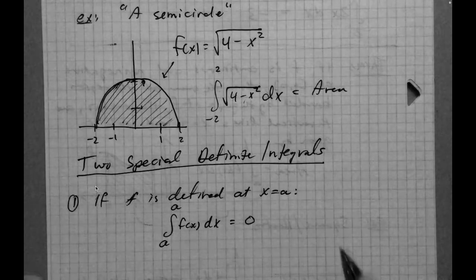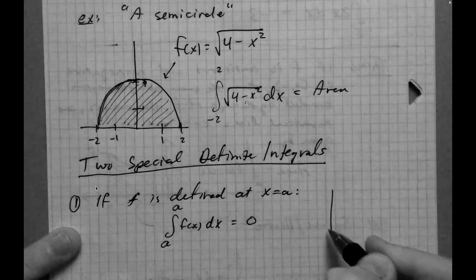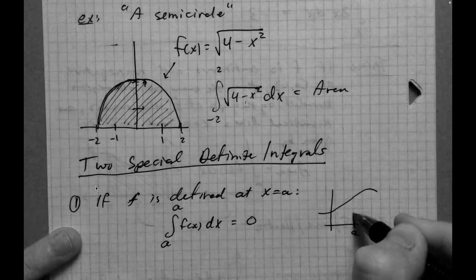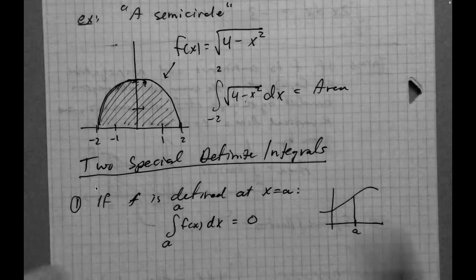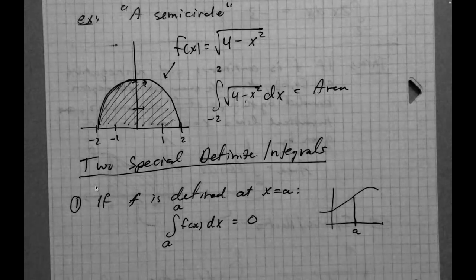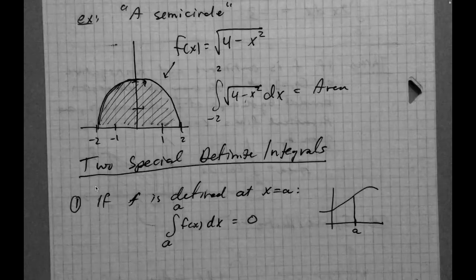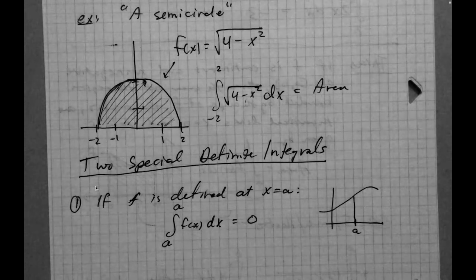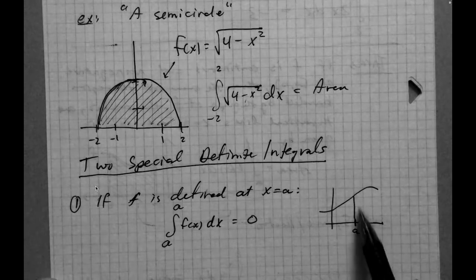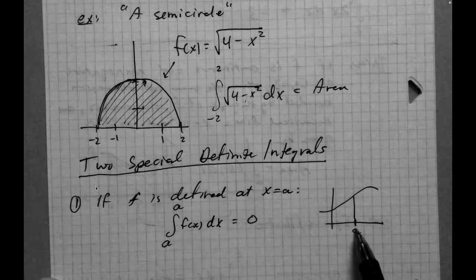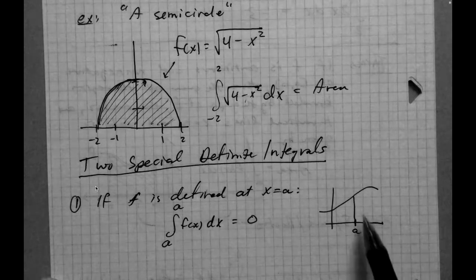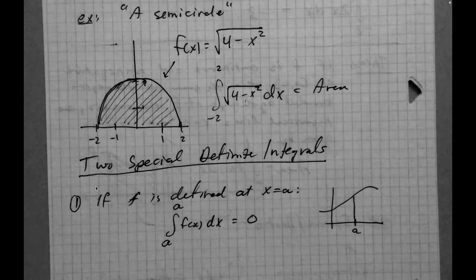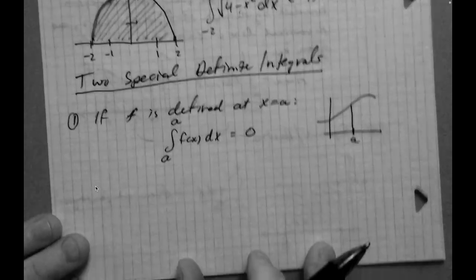Literally, the area under that curve at that one single point is 0. Hopefully that's intuitive. If you think of the area here, you've got a height, but your width is 0, so the area is naturally 0. Hopefully that's not too big of a stretch.